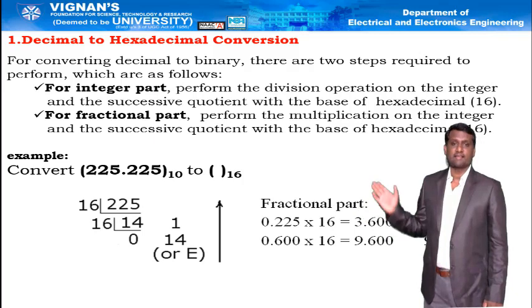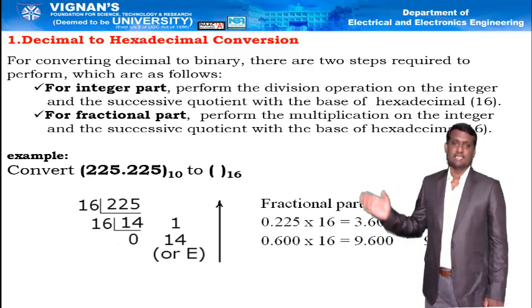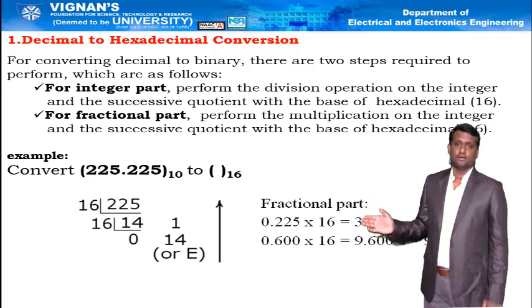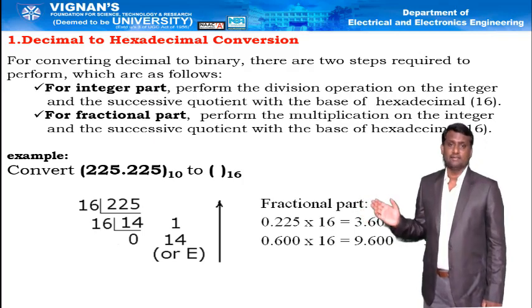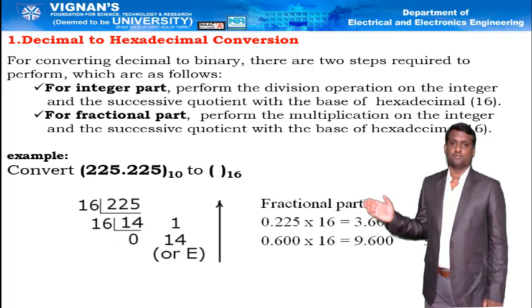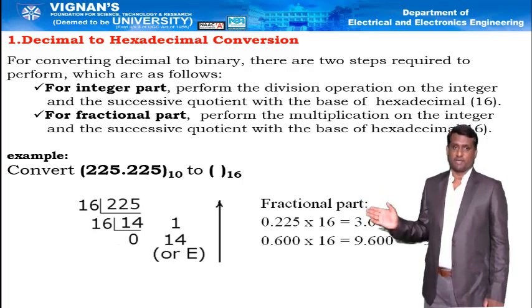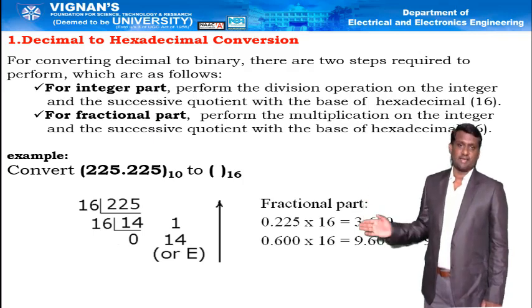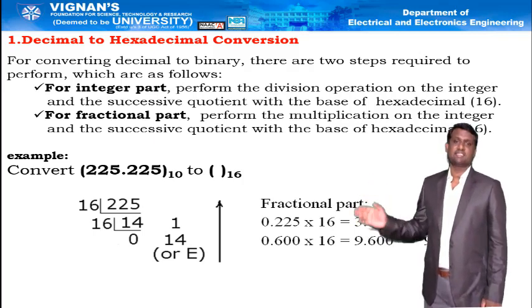The equivalent hexadecimal digit of 14 is E. So E1 is the equivalent hexadecimal number for the integer part, that is, 225 base 10 equals E1 in base 16.